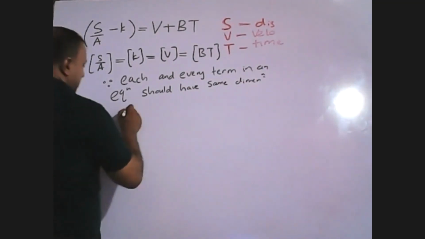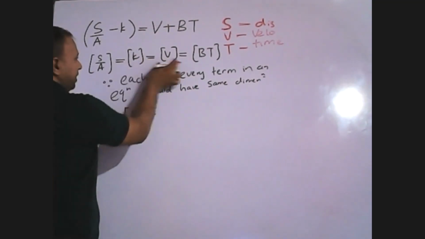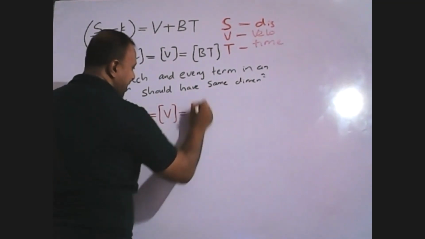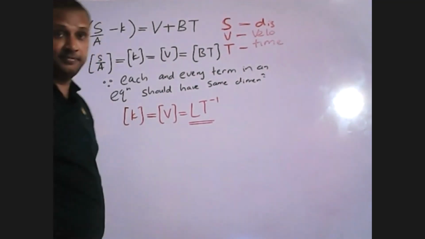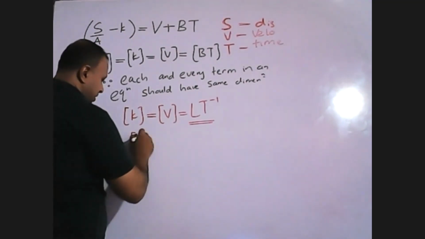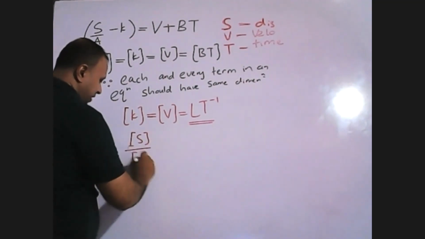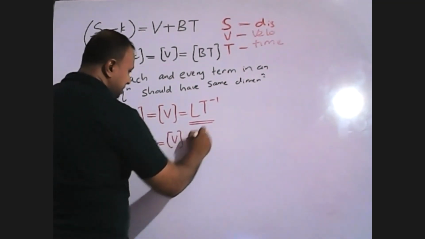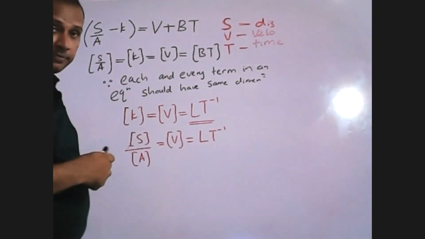So directly we can say the dimension of K is equal to the dimension of V, that is LT minus 1. Then the dimension of S over the dimension of A is equal to the dimension of V, that is LT minus 1.